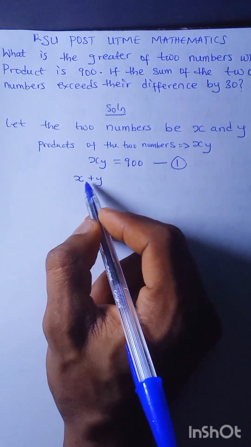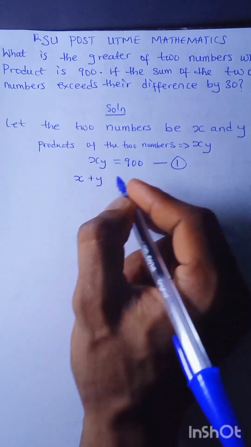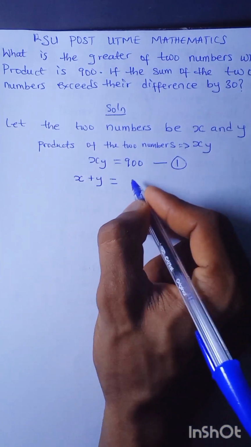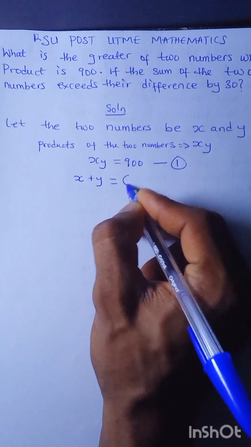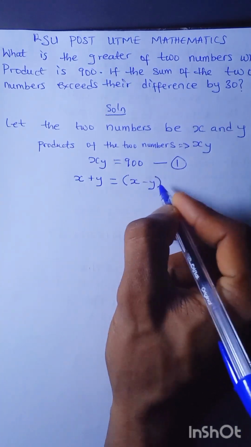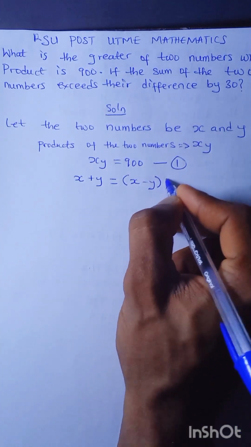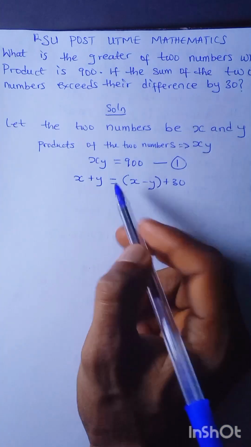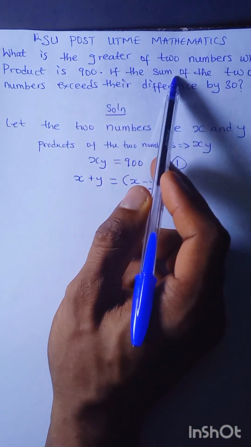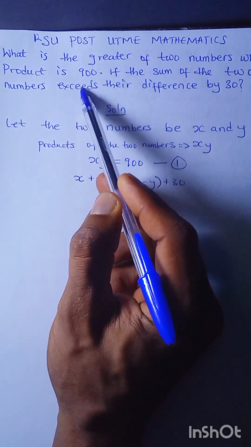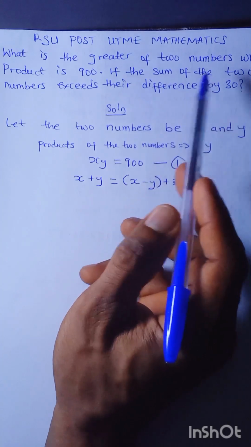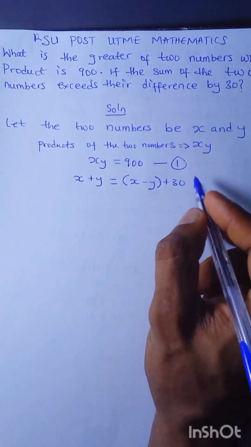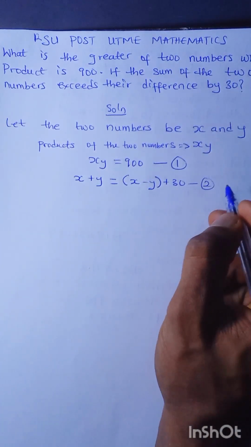The difference here is x minus y. So the second statement reads x plus y exceeds x minus y by 30. Let's call this equation 2.